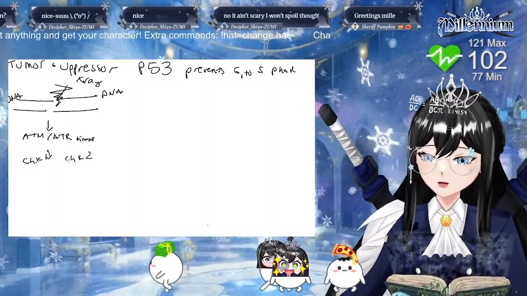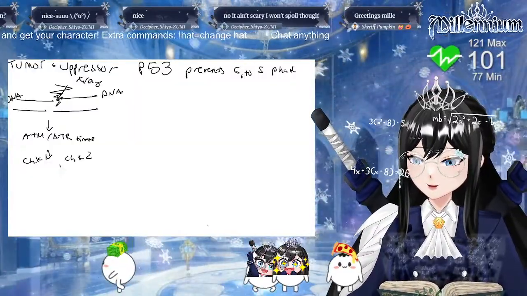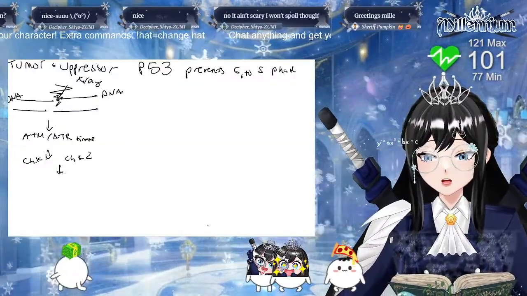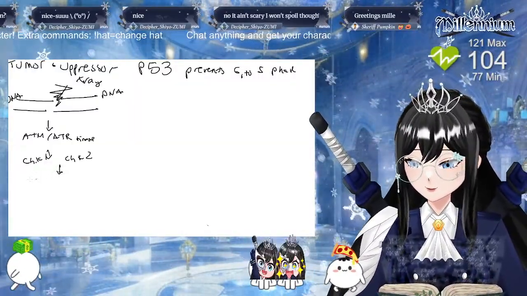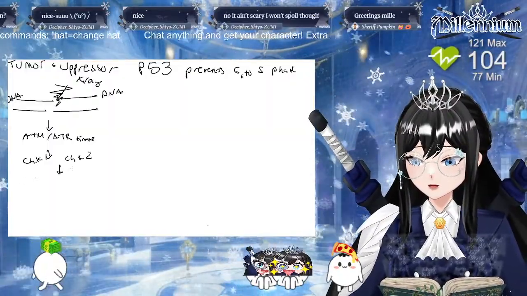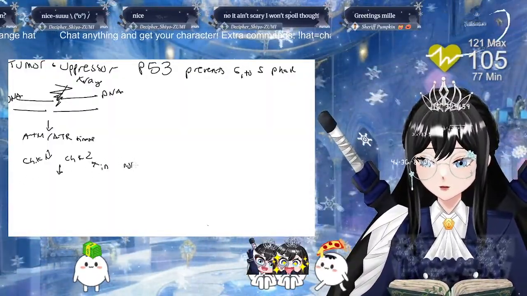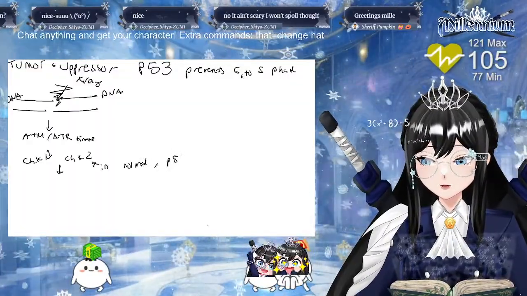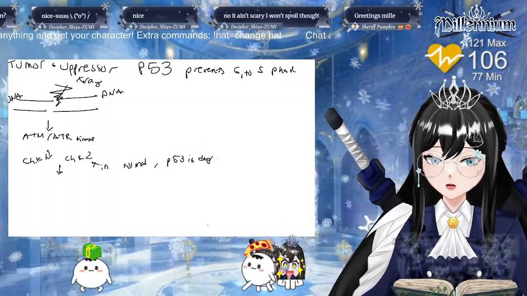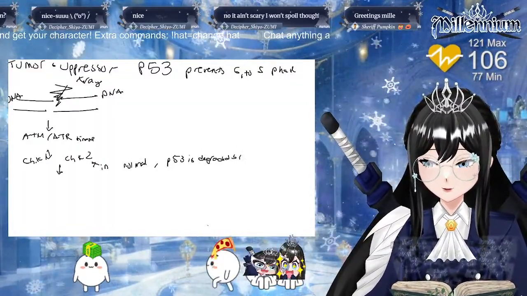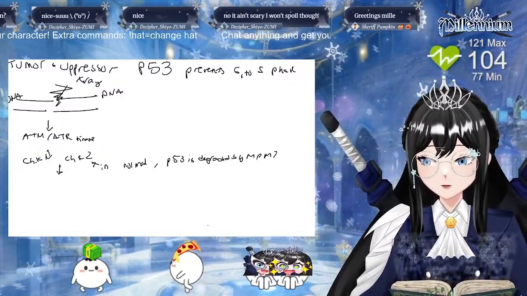Just know the letters. In normal condition, P53 is degraded by MDM2.